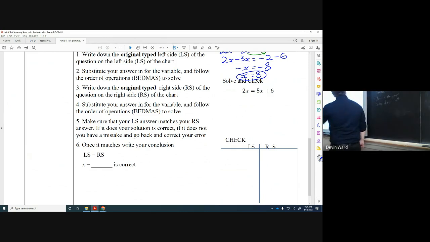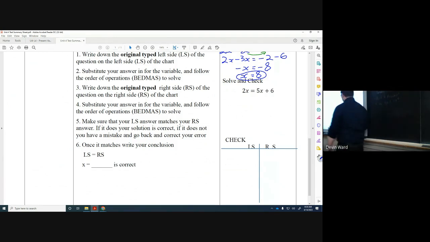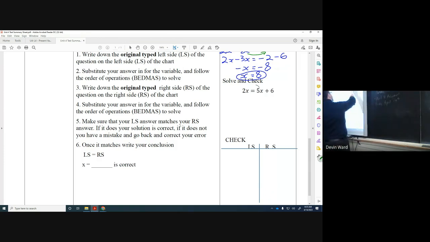Okay? So here, we have 2x equals 5x plus 6. So we're going to solve it first and then check it. So what's step number 1 here for 2x equals 5x plus 6? What's that? 5x over. Perfect. Then move the 5x over.